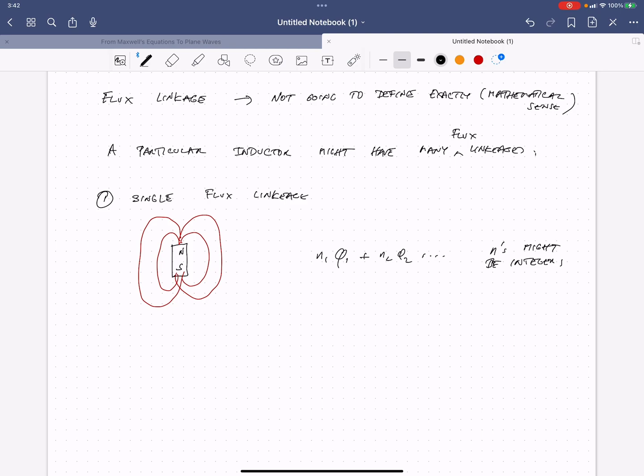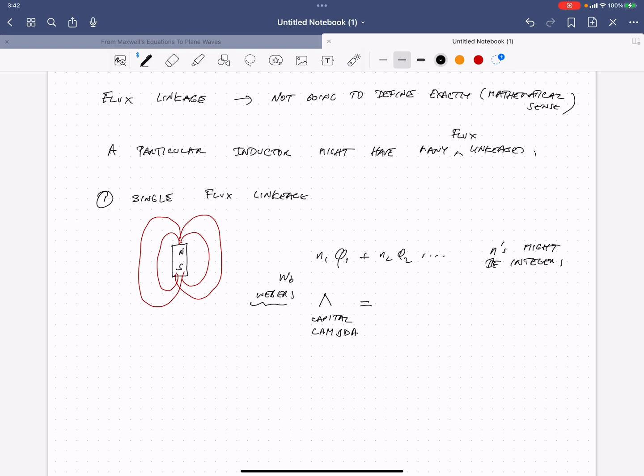Okay, so you might have a bunch of magnetic flux linkages. And the total value of the flux linkages is denoted by uppercase lambda, measured in units of Webers, so Wb.